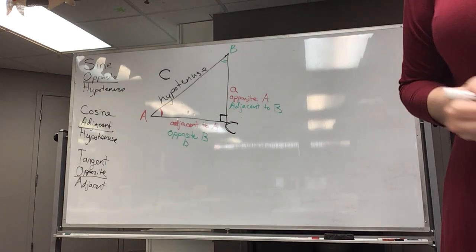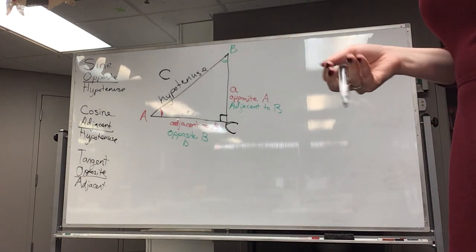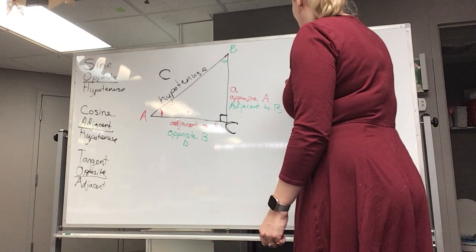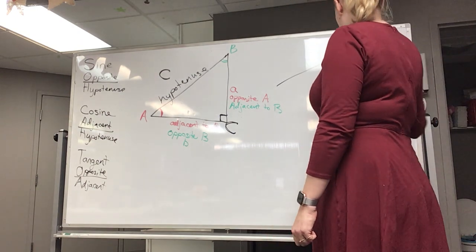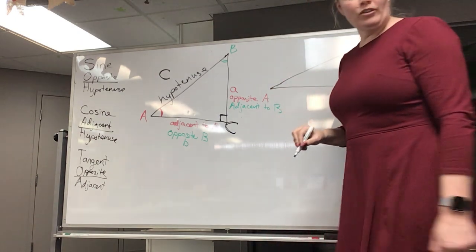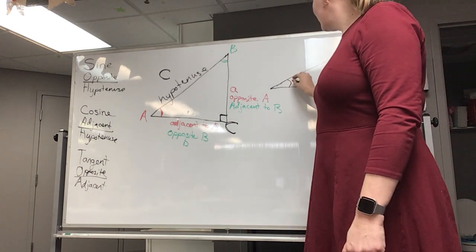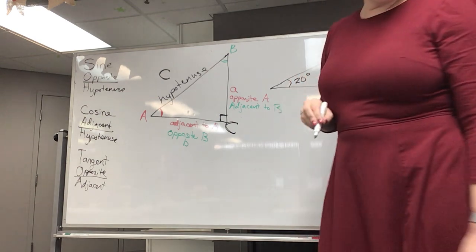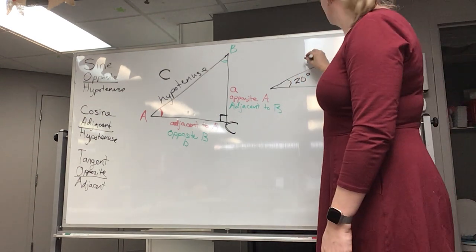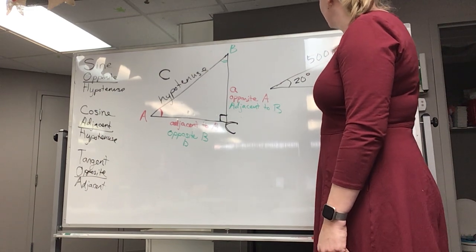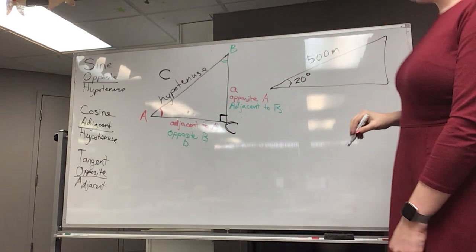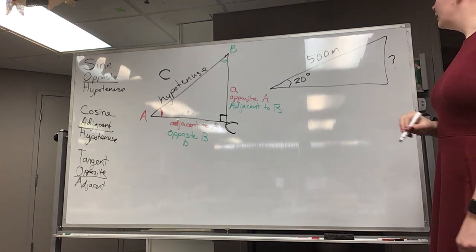All right, so next one, we get a word problem with it, but they give us a picture right away. I am always in favor of a picture. So they tell us that this is 20 degrees. This is 500 meters. And they drop our question mark right here.